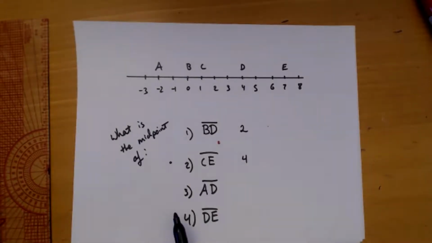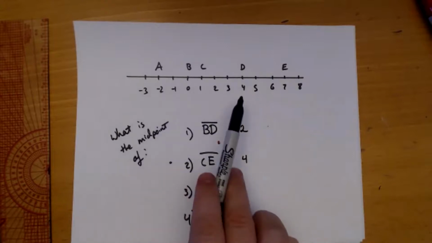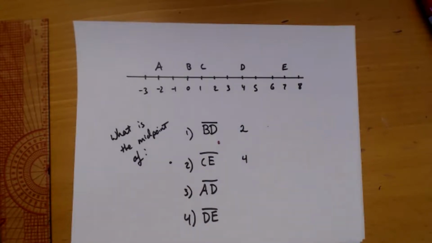Okay. What about A and D? Is it 2? 1. Okay.